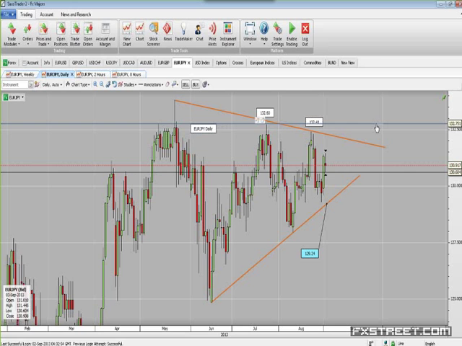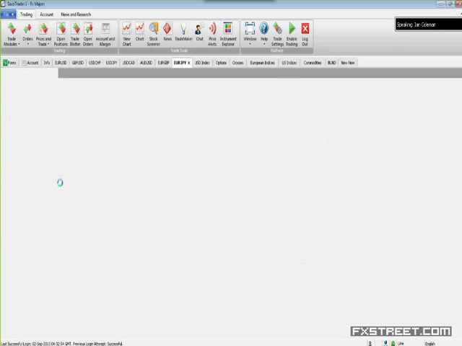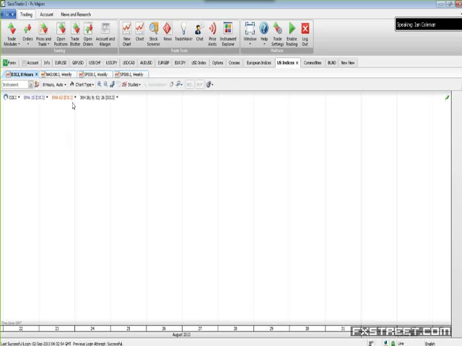I don't normally cover stocks, but I suppose with non-farm payroll figures coming out on Friday, it might be just worth having a look at the Dow. Now this is something that I've been quite interested in.